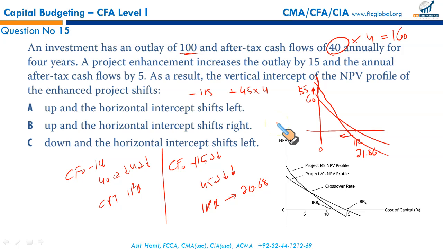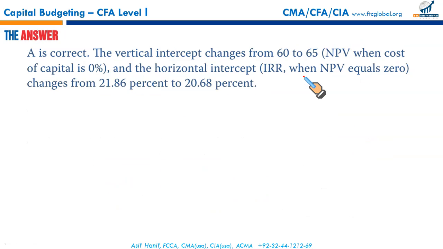Your NPV profile will shift upwards and the horizontal intercept shifts left. From 21.86, IRR will fall to 20.68 and the vertical one will move from 60 to 65. You can verify with the numbers. I've given you the key combinations. Next.